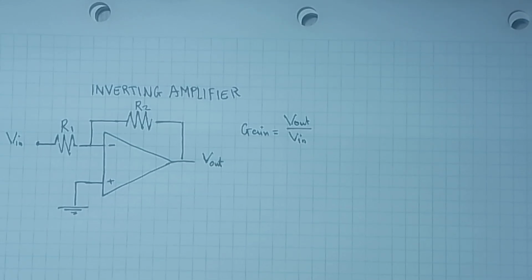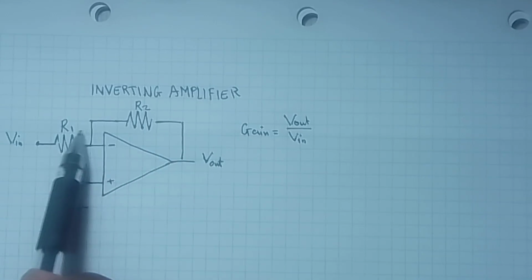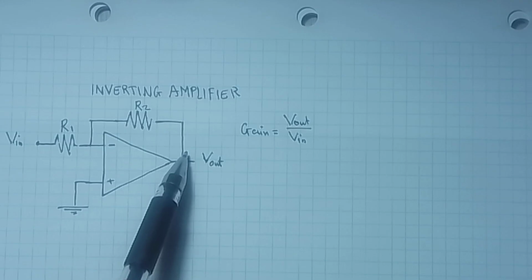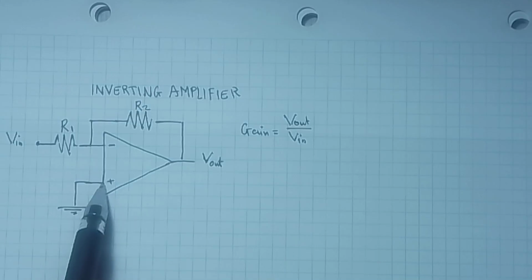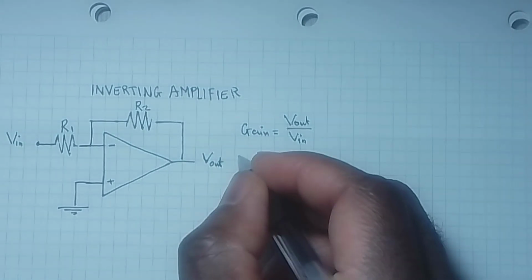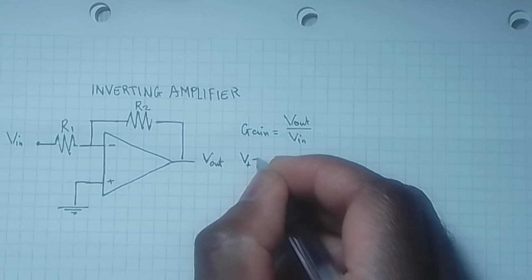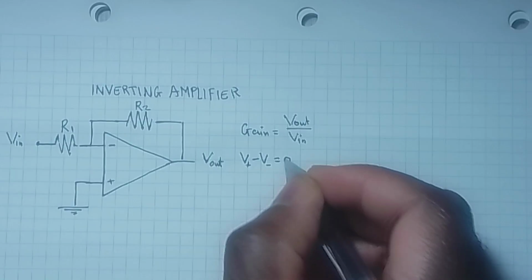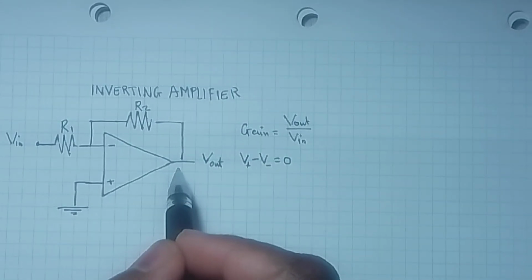Because we have negative feedback, we know that the output will attempt to make the difference between the inputs zero. So we know that V plus minus V minus will be equal to 0 because of the negative feedback.